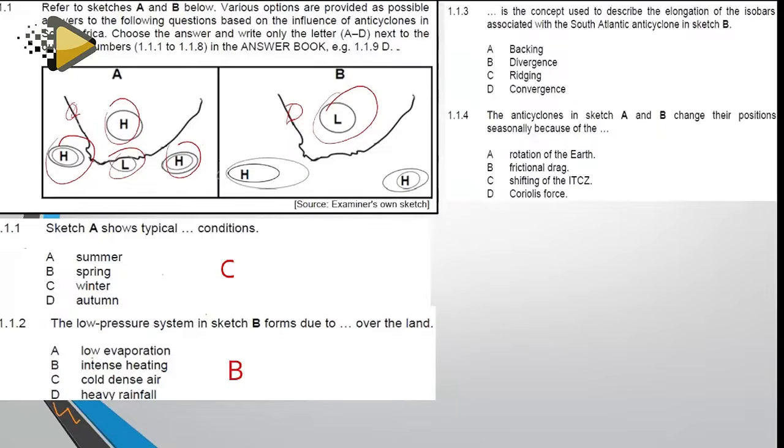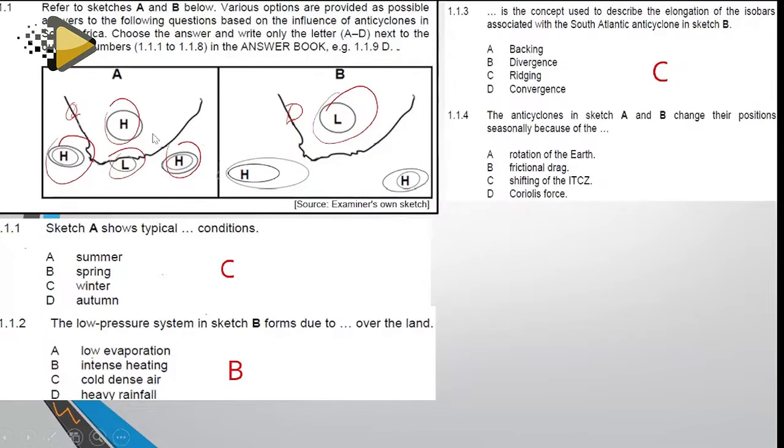Now, backing or divergence, or ridging, will take place here. The correct answer there is that there's going to be ridging. When this high pressure cell increases or elongates, ridging is going to take place.